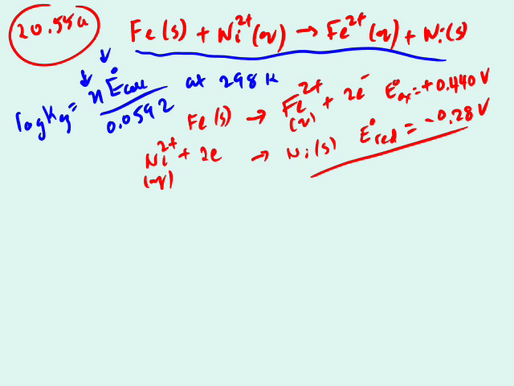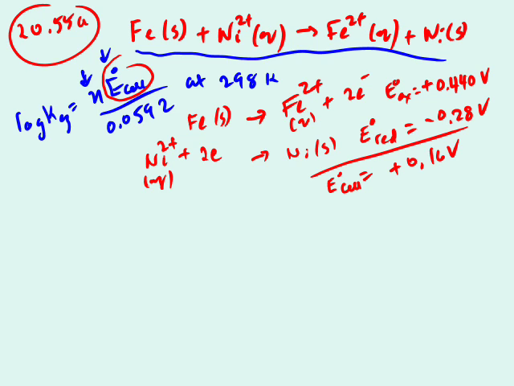So cell voltage E0 cell would be the sum of these oxidation and reduction values. That would be plus 0.16 volt. So now you can see that I got the cell voltage value. I also know the n value. How?